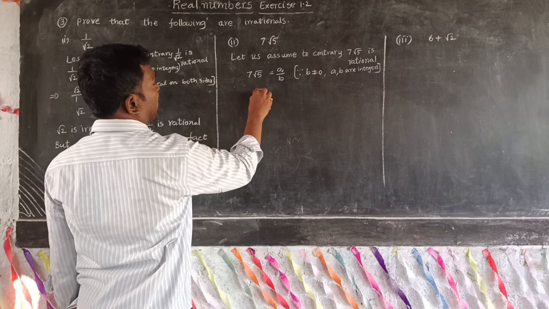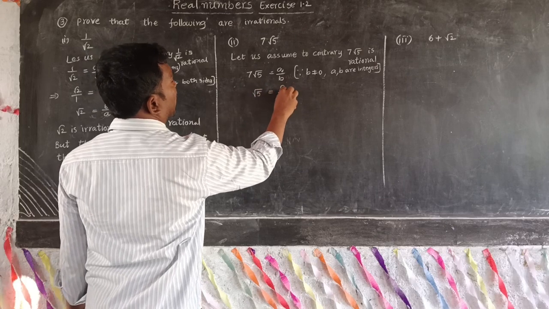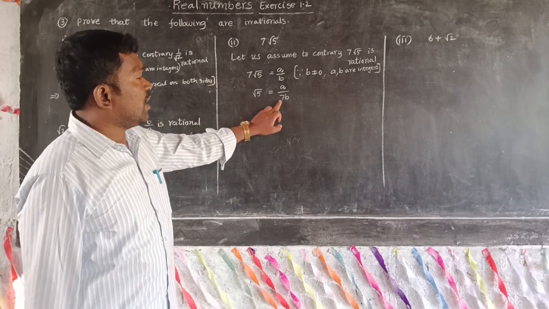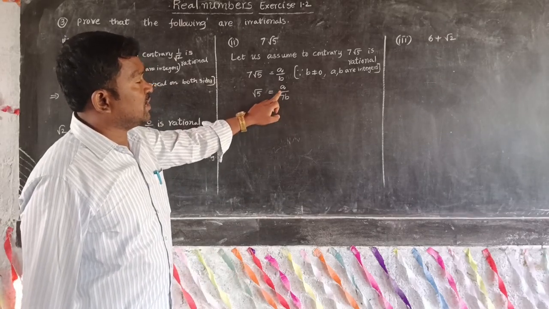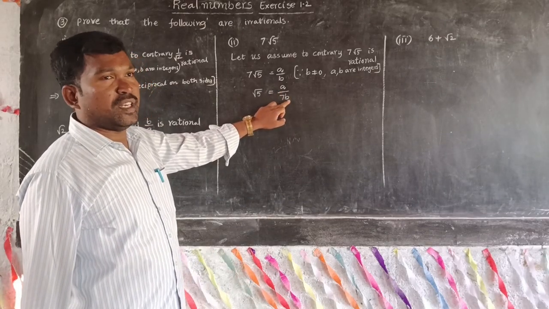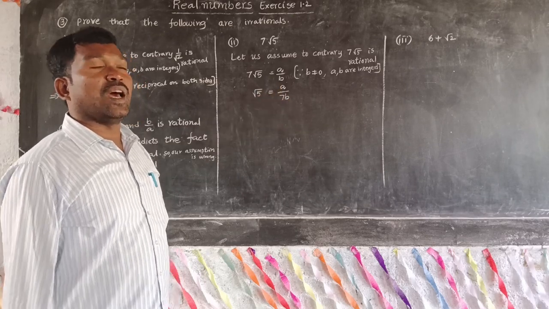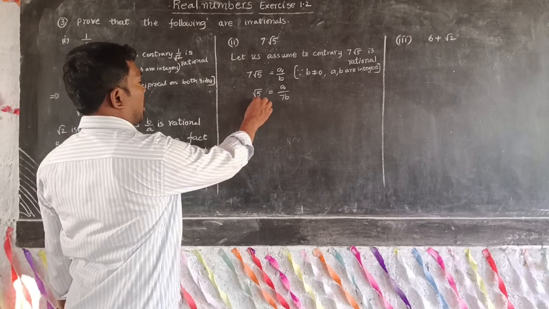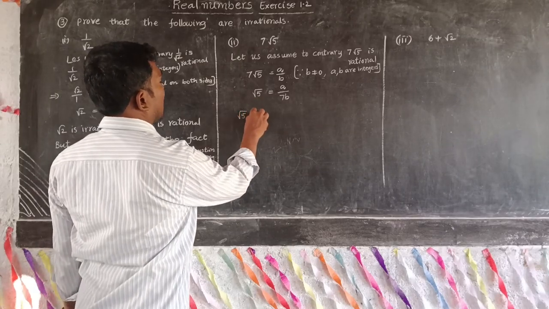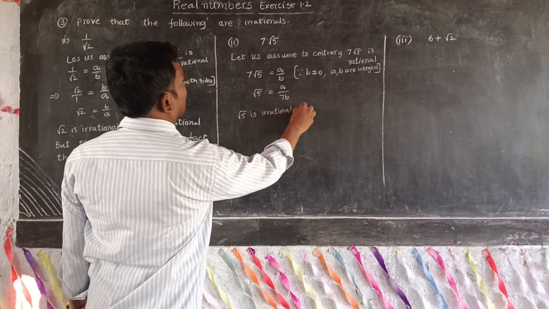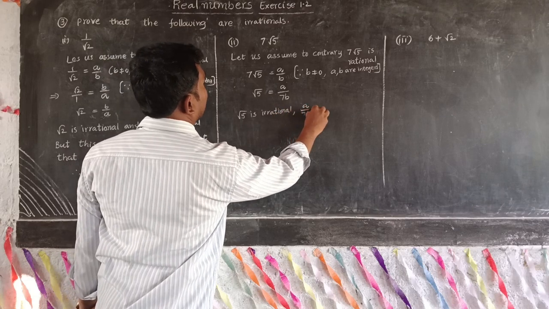Next, root 5 equals a by 7b. A is an integer, 7b is also an integer. So a by 7b is a rational number. But root 5 is irrational.